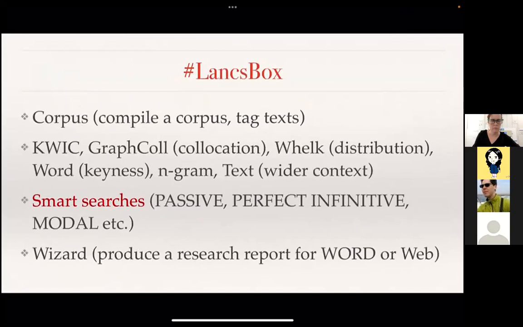So LancsBox is a concordancer, but it's a powerful tool. You can compile a corpus with it easily and do all sorts of concordance functions in a very neat way without having to do a lot of work. So it's a very useful tool for non-linguists.